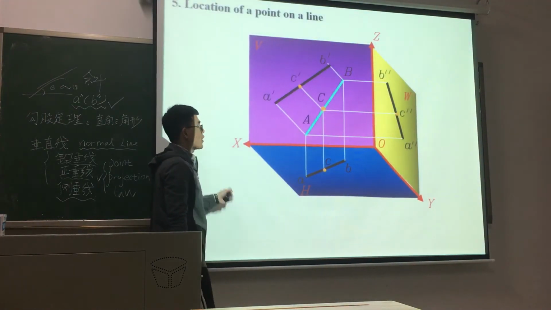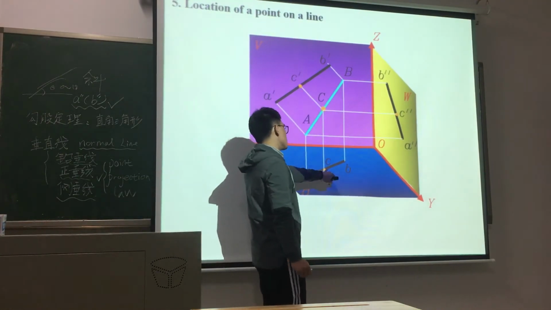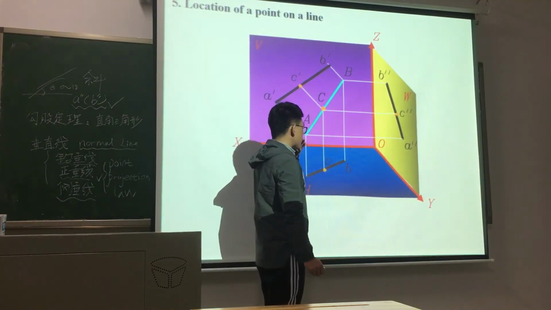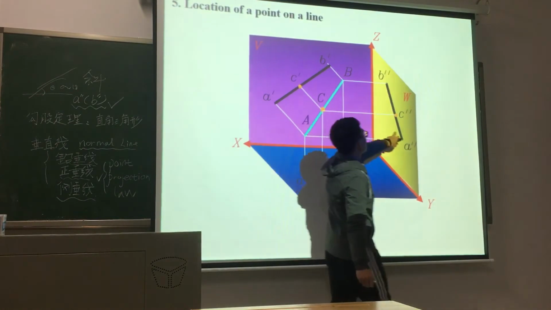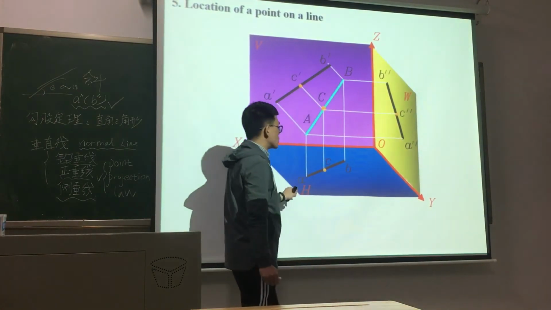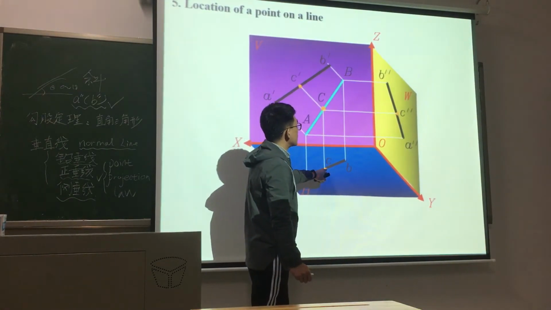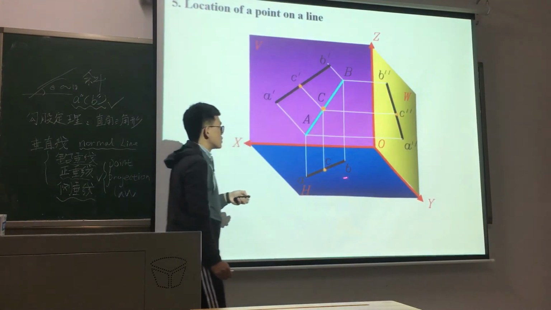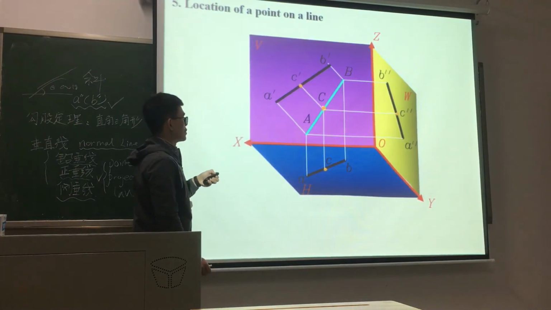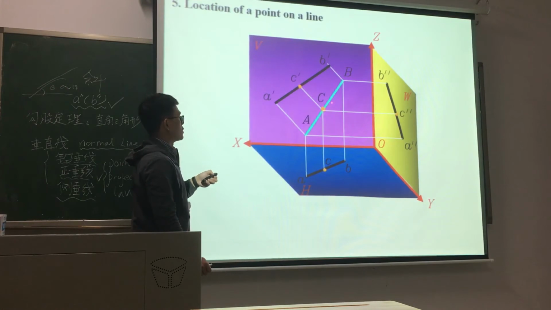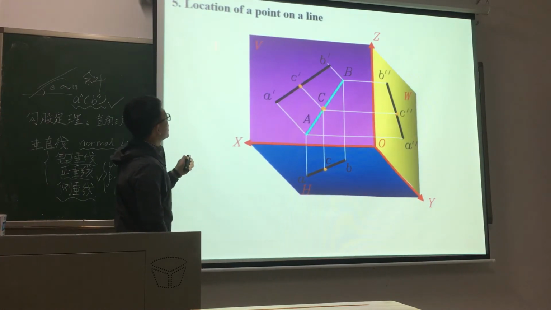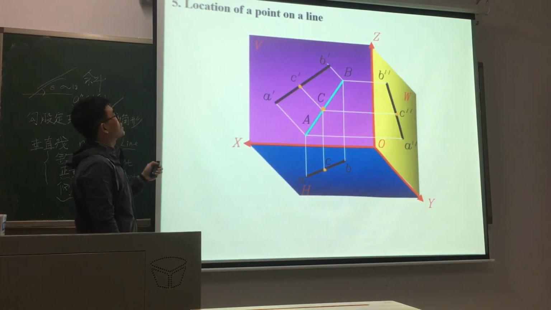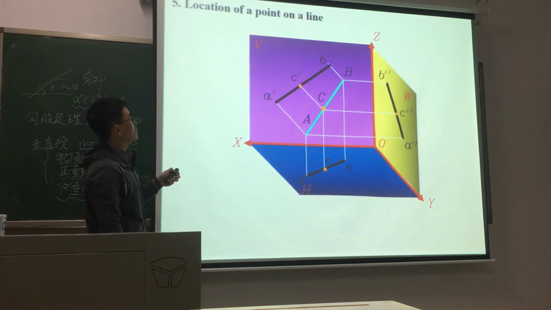So if you find the point is on the projection lines in all three views, this point should be on the line. 所以你就判断这个点是不是 on a line.